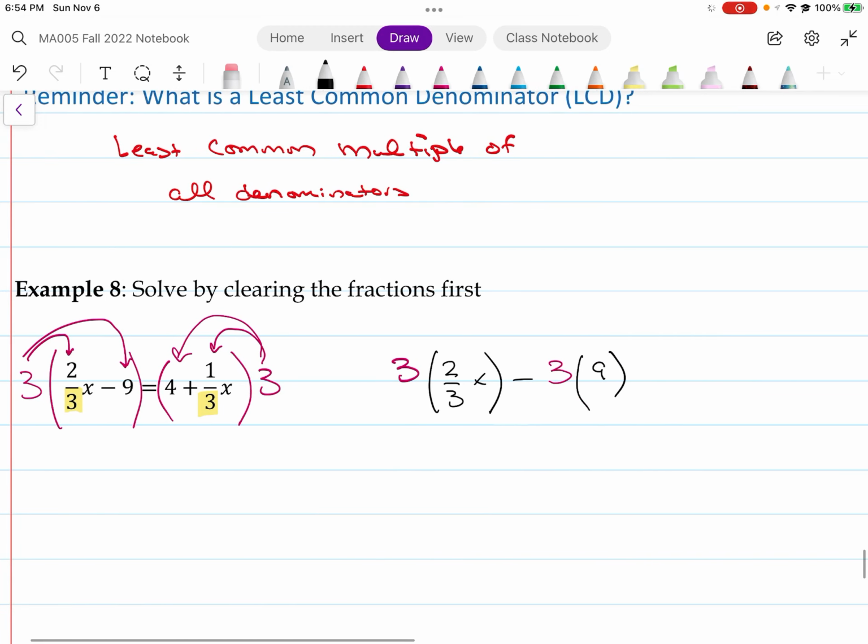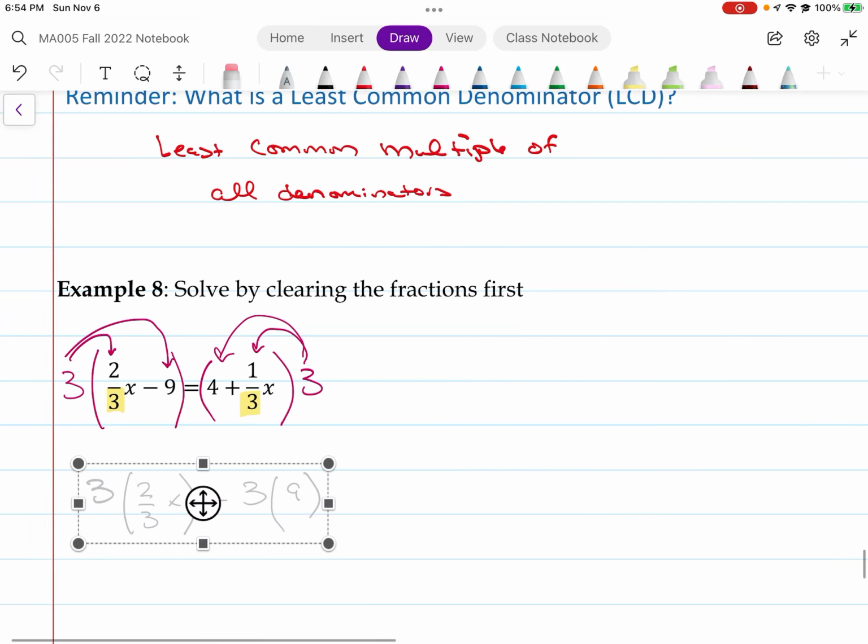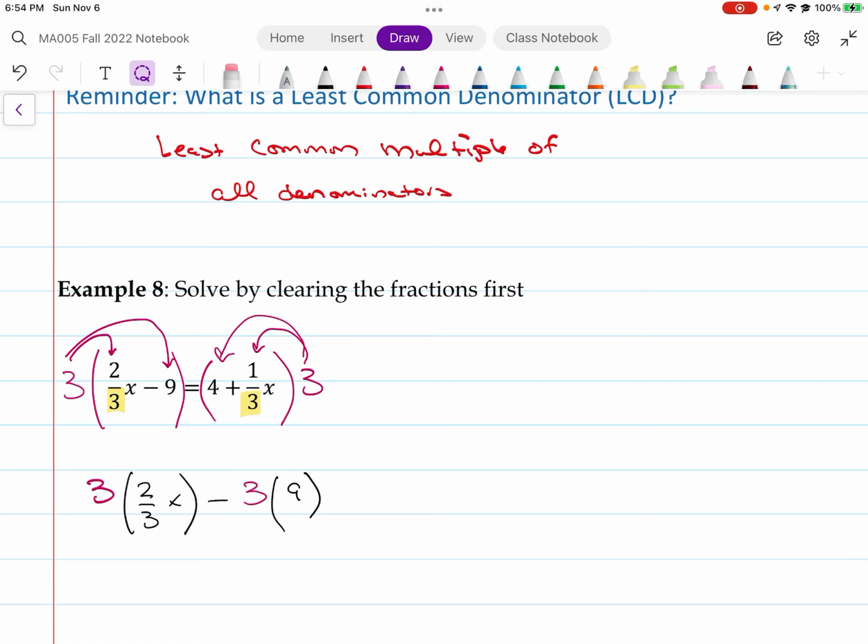I'm not going to have enough room. And I'll move that over to here. All right, and then I've got equals 3 times the 4 that's there on the right side, plus 3 times the 1/3 x.